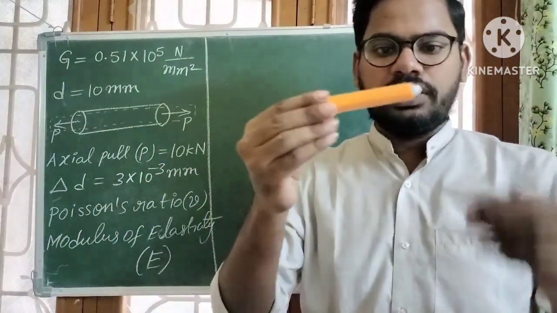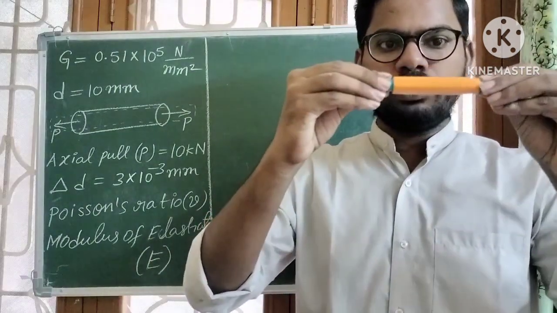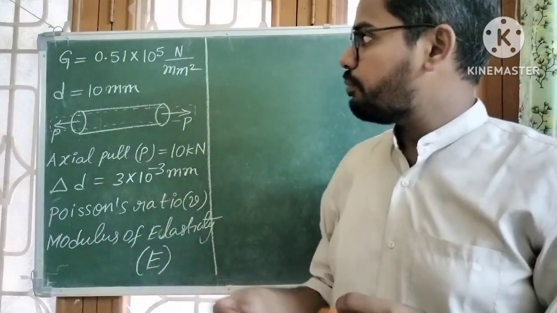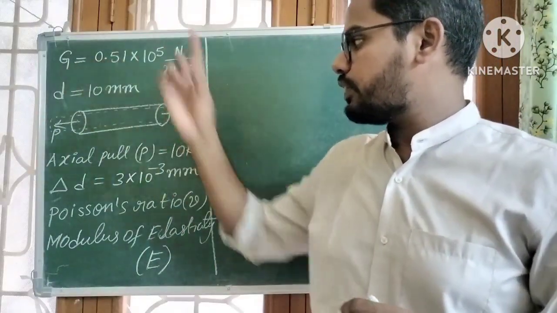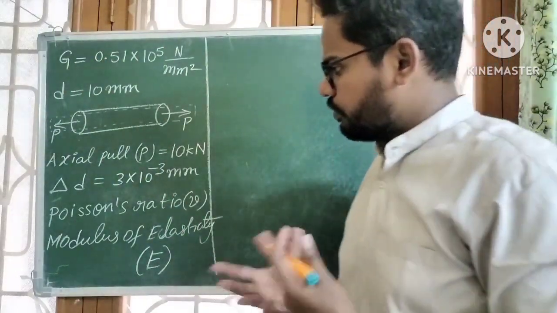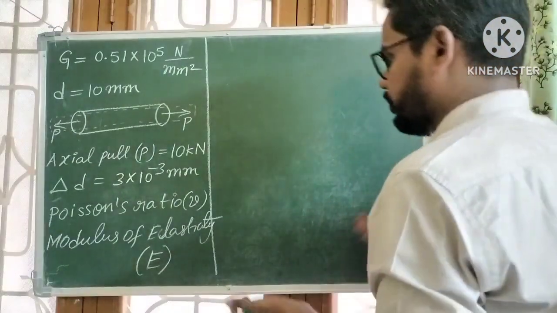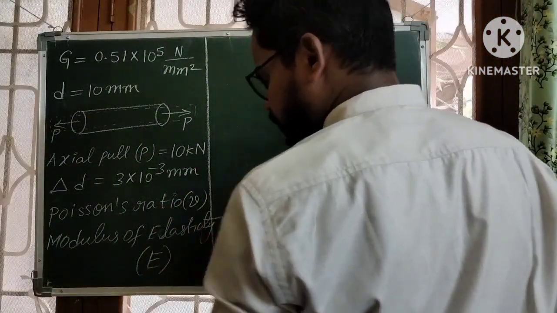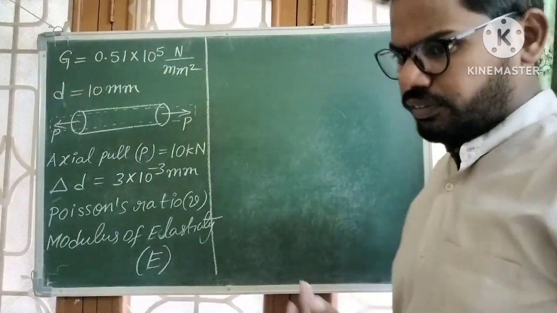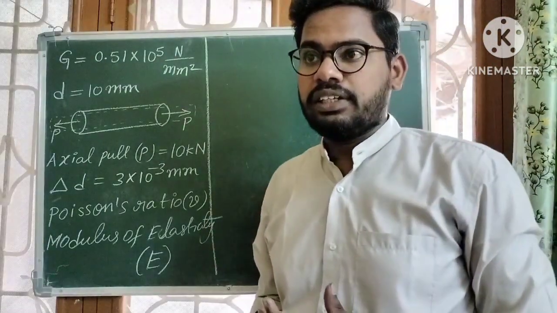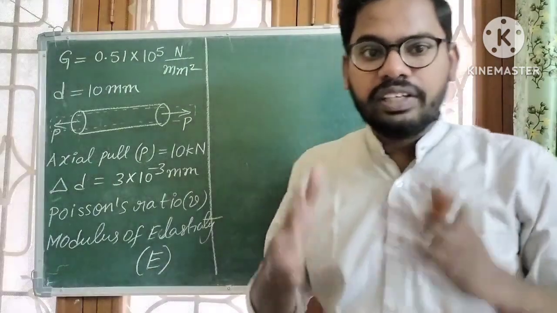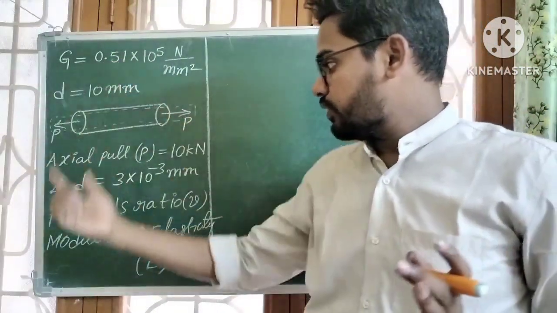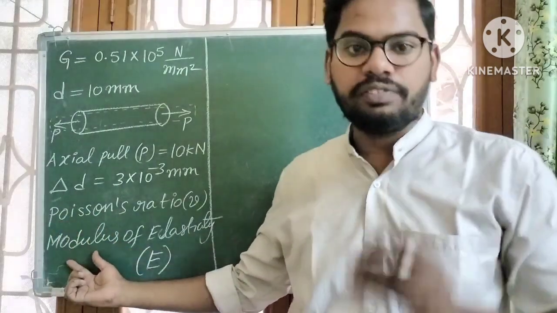So there is a rod subjected to an axial pull of 10 kilonewton, the diameter of the rod is given as 10 mm, and the shear modulus or modulus of rigidity is also given. Now first of all let us find the modulus of elasticity and Poisson's ratio. We have to think about the relationship between shear modulus, Poisson's ratio and modulus of elasticity.